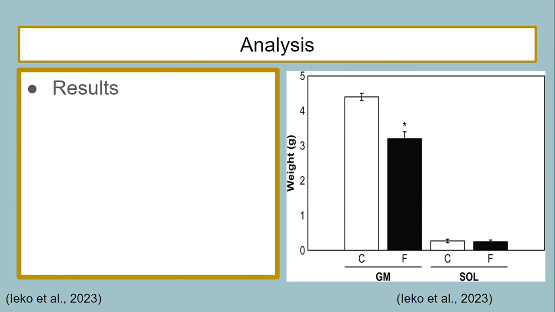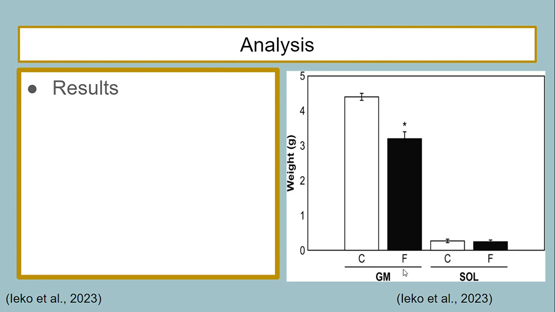So all in all, while fasting did have a pretty major impact on the weight of the gastrocnemius, it did not have a significant impact on the weight of the soleus, as it only showed a change of about 0.2 grams. Fasting has been shown to significantly impact muscle fibers and protein degradation in other studies, just like we saw here.